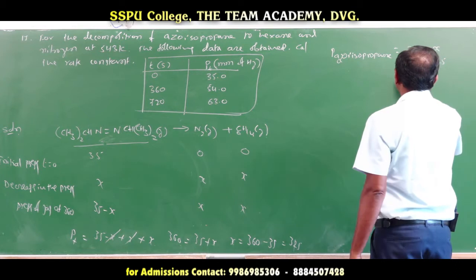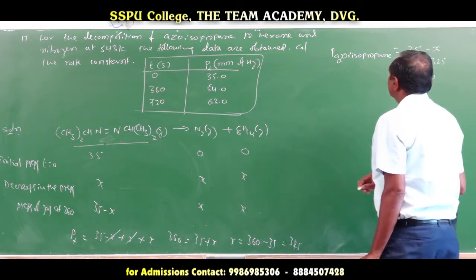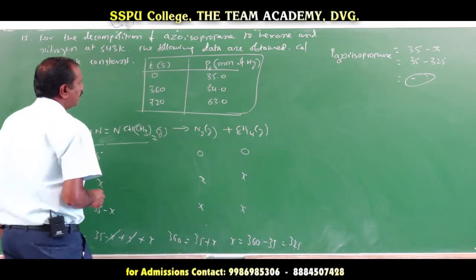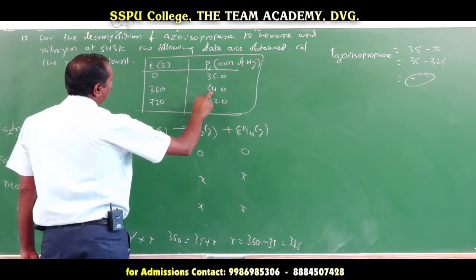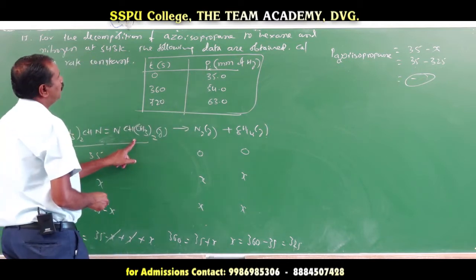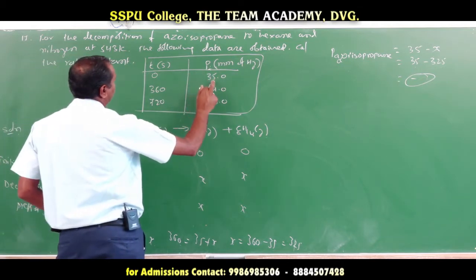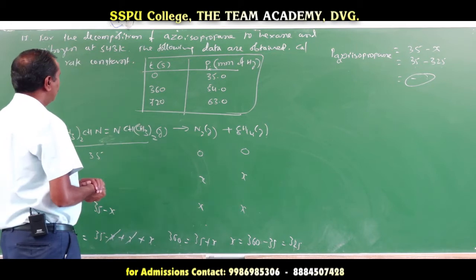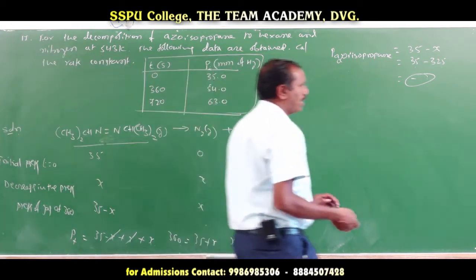So it becomes a negative value. This negative value comes if you take that PT. So instead, if we take the partial pressure of azoisopropane at 360, then it can be calculated by using a formula.